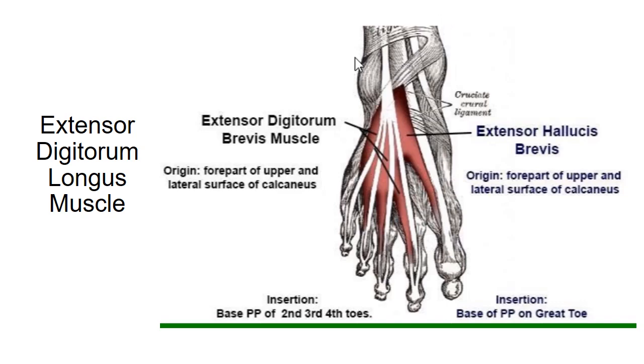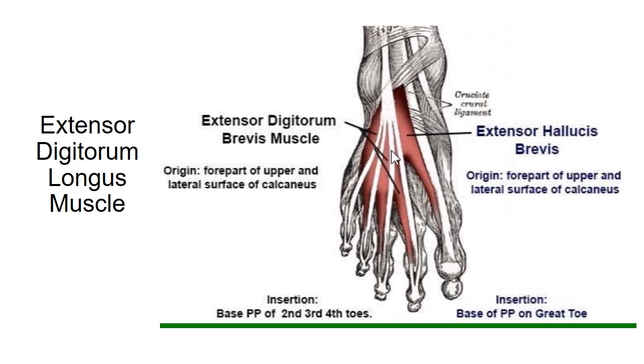Another important fact about the tendon of extensor digitorum longus muscle is that extensor digitorum brevis muscle, which is a small muscle of the dorsum of foot, becomes inserted into the lateral side of tendons of extensor digitorum longus muscle for the second, third and fourth toe.